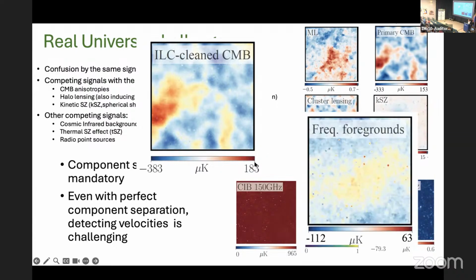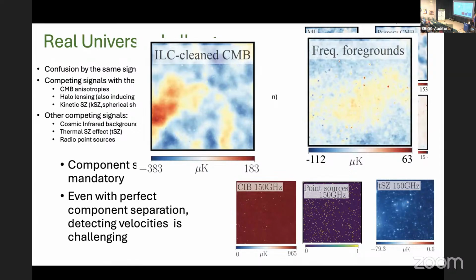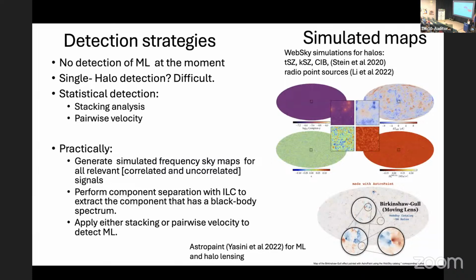On top of that, there are a lot of residuals from these other effects in your map. So how much can you really extract from the maps when you have all those elements together? This is a difficult business.